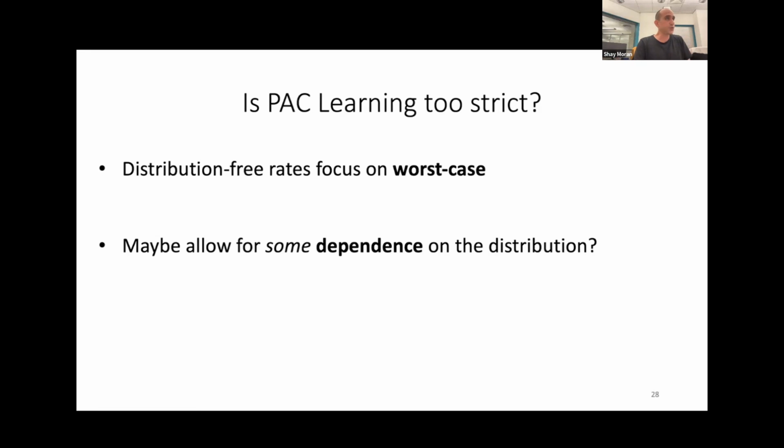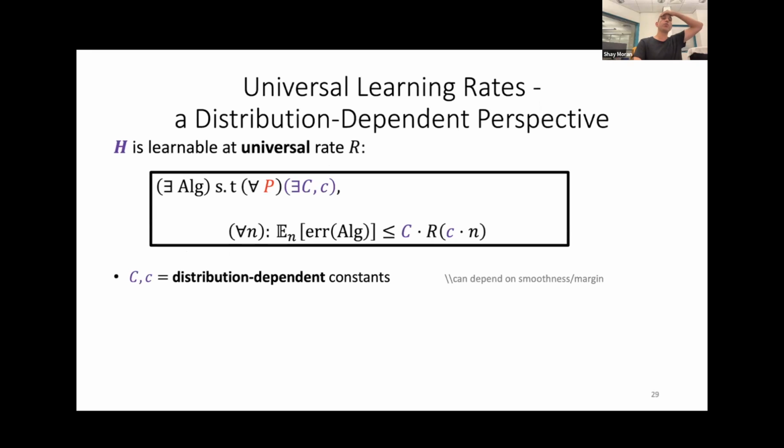So it's natural to maybe allow for some dependence on the distribution. So let's consider the following definition. We will say that the class H is learnable at a universal rate R, and it starts similar. So there exists an algorithm such that for every realizable distribution, there exist distribution-dependent constants, right?